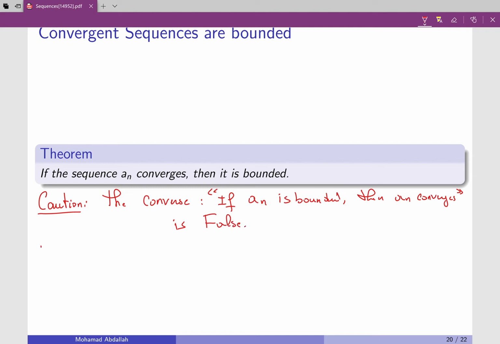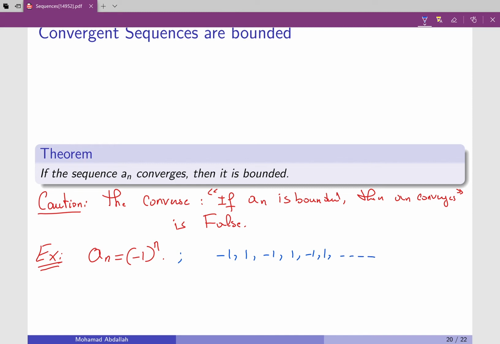Here's a really nice example that you can see. Consider an equal to minus 1 to the power n. What's this sequence? Well, a1 is minus 1, a2 is 1, then minus 1, 1, minus 1, 1, and so on. When n is odd, it's going to be minus 1.